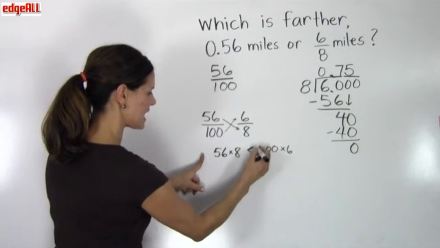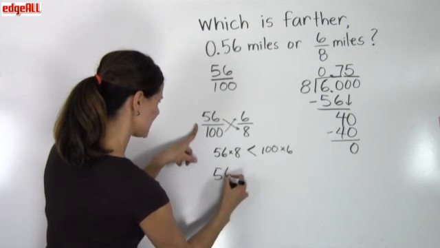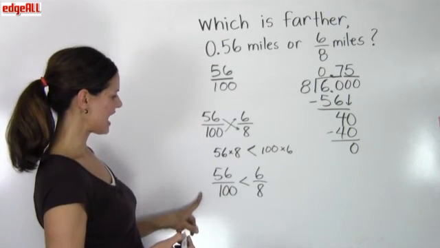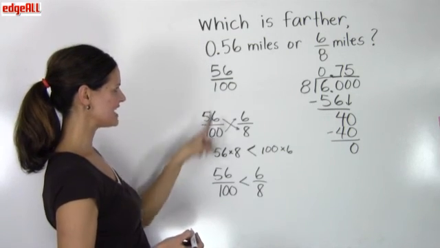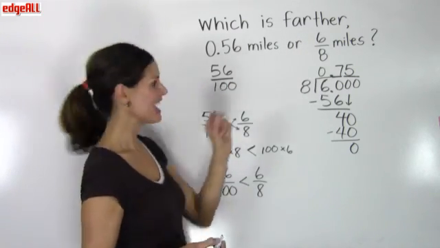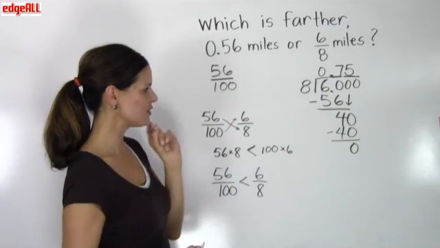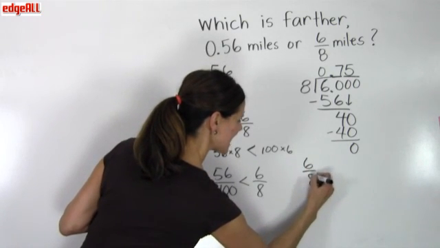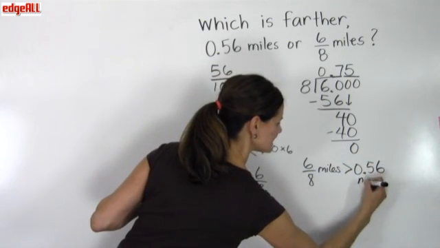So I know that 56 times 8 is less than 100 times 6, which tells me that 56 over 100 is less than 6 over 8. And so again, I can see that my 0.56 miles, or 56 hundredths, is less than 6/8. And it's the same answer I got when I looked at them as decimals and could see that 0.56 is less than 0.75. So two different methods of doing this both give me the same answer: 6/8 miles is greater than 0.56 miles.